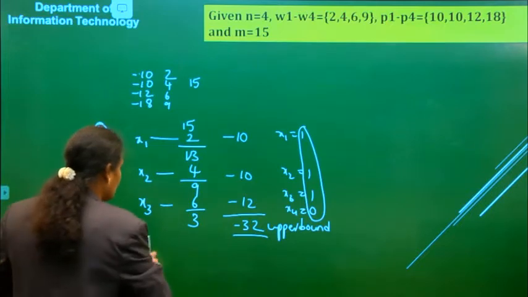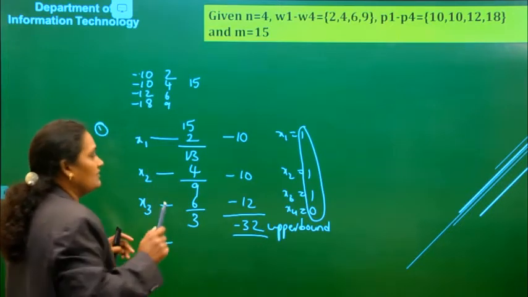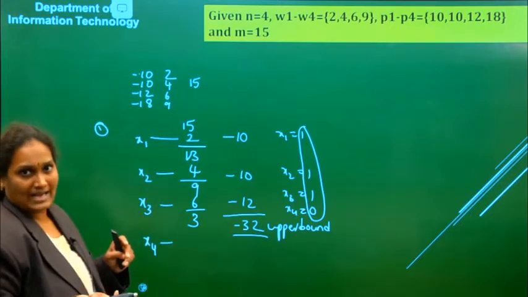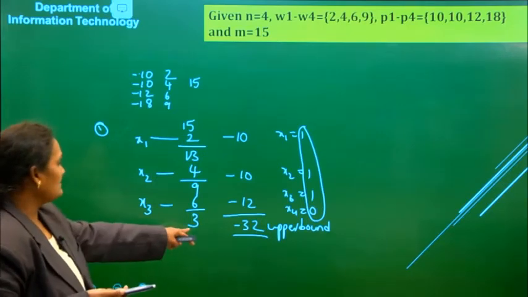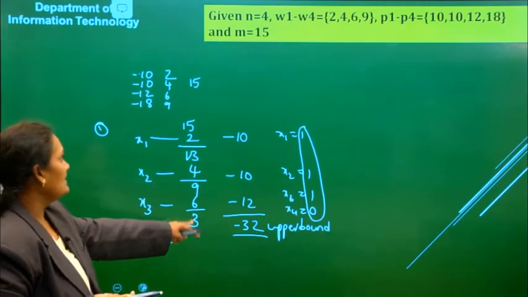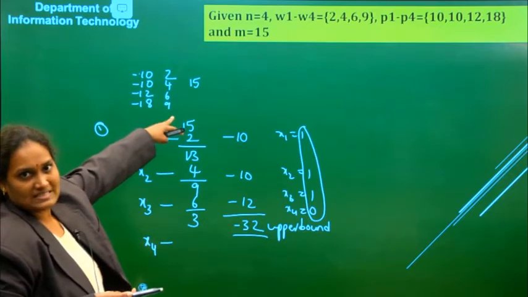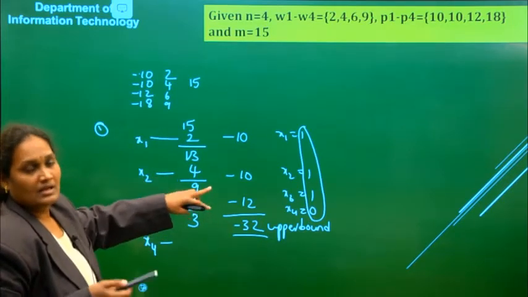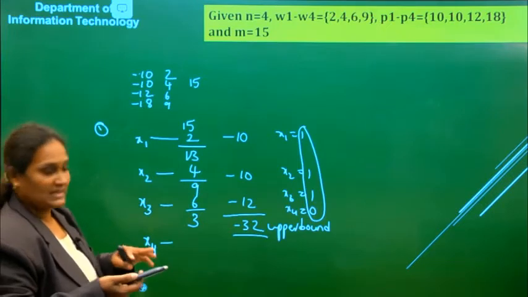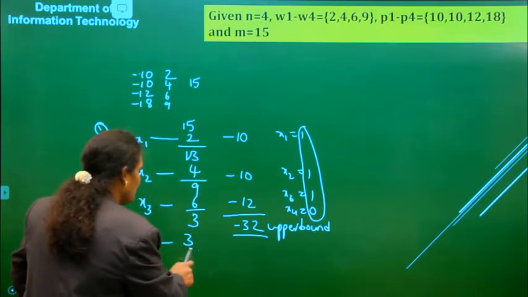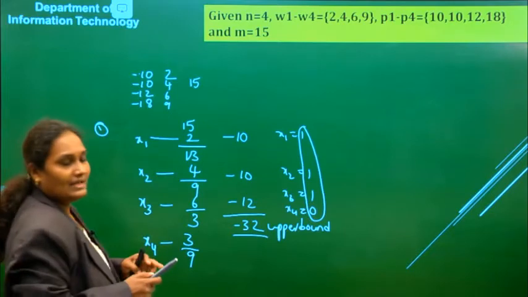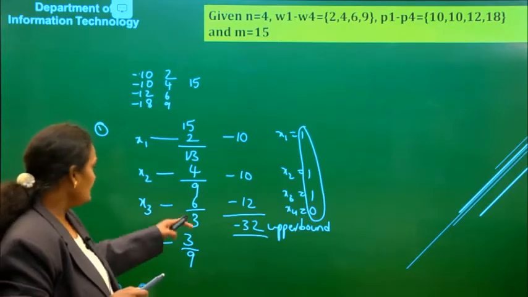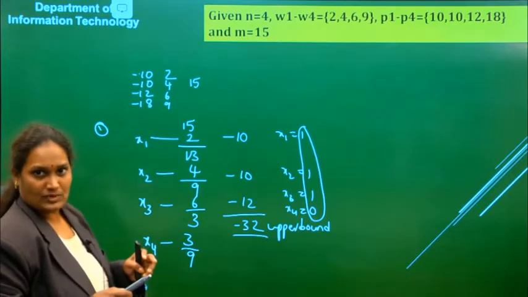Now, if I consider x4, how much part of x4 can be placed into the knapsack? Here the available capacity is 3, but the weight of x4 is 9. So I cannot place x4 completely into the knapsack. Which part of x4 can be placed? 3 by 9th part of x4 can be placed.